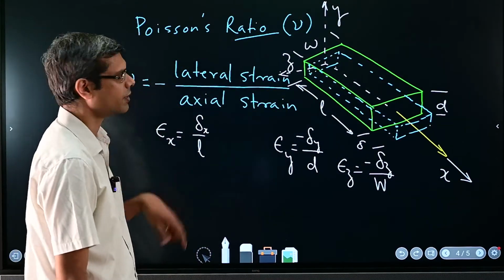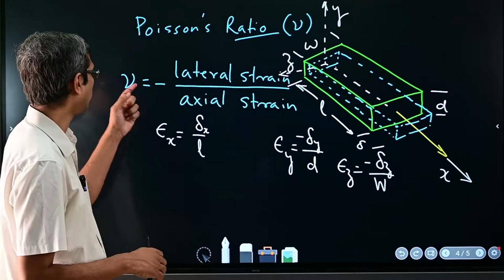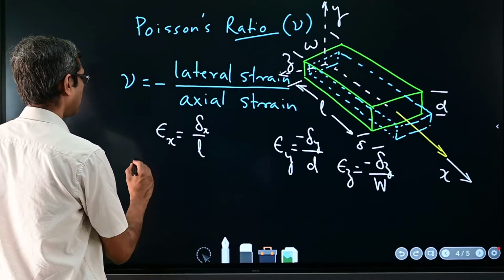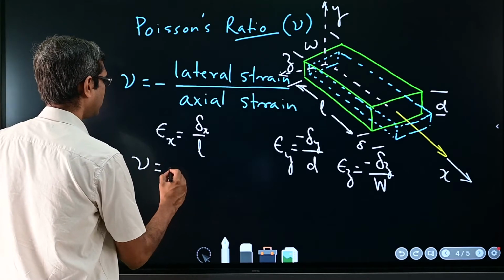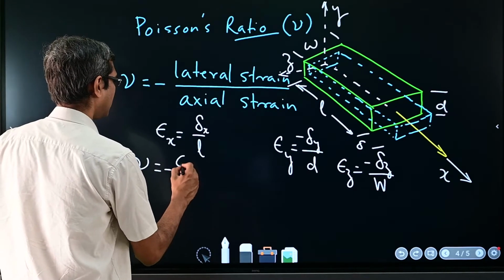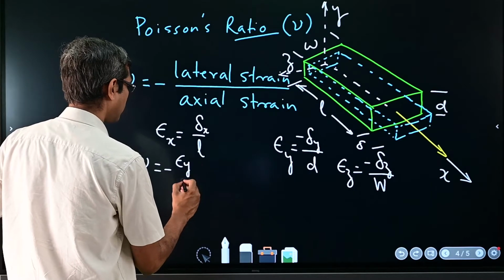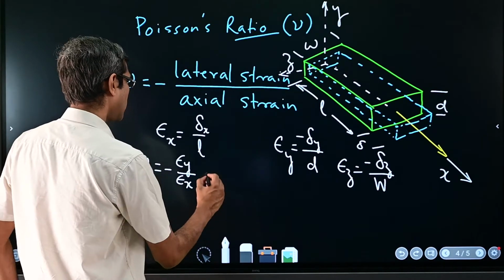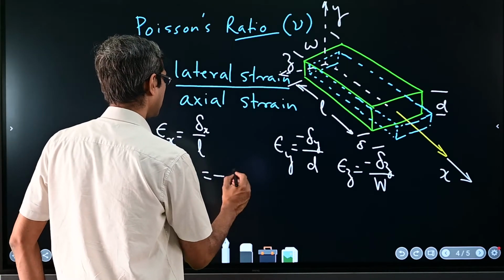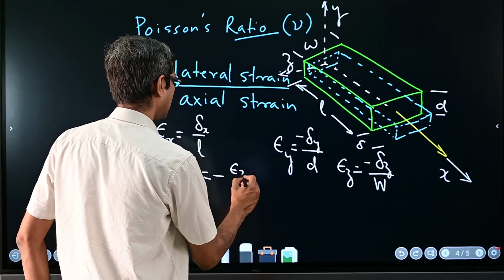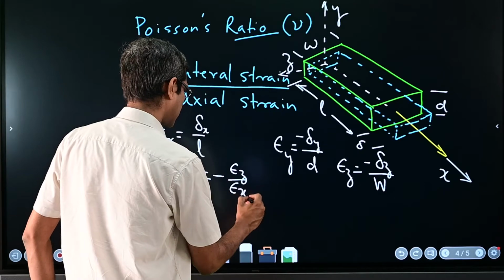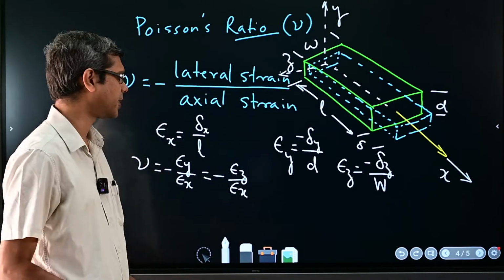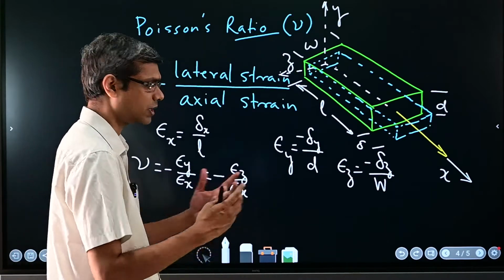Now what this equation, or the definition of Poisson's ratio, tells you is that nu will be equal to negative of lateral, that is epsilon y over epsilon x, or the same thing can be said as epsilon z over epsilon x, because both y and z are the lateral direction displacements or the strains.